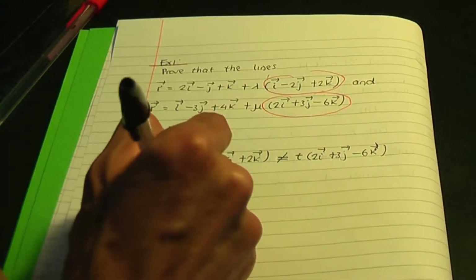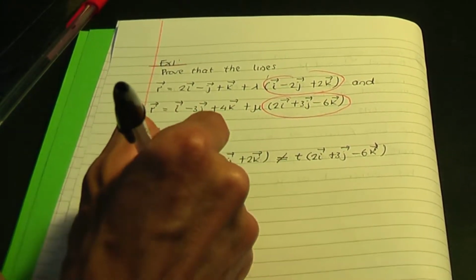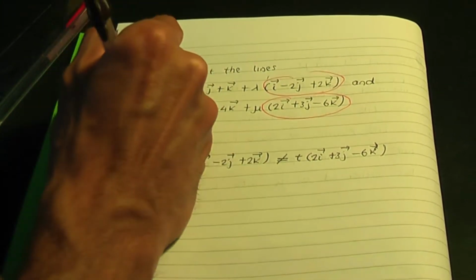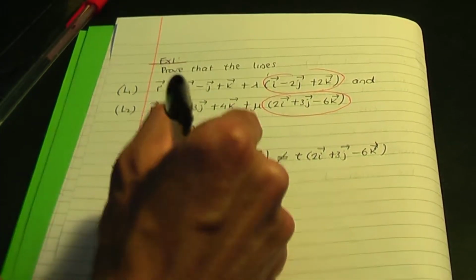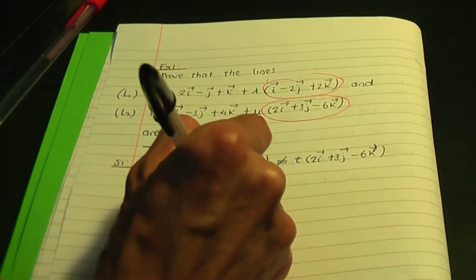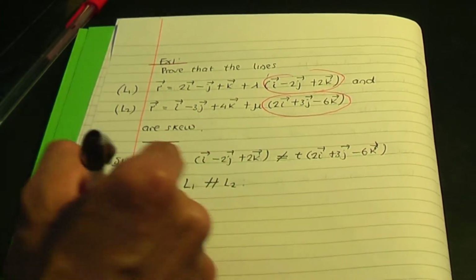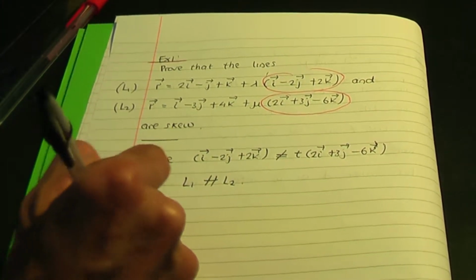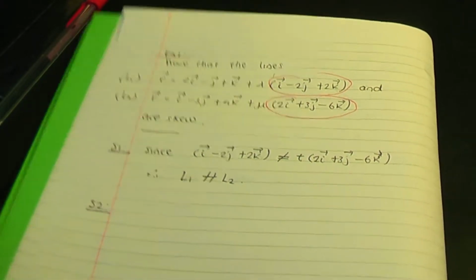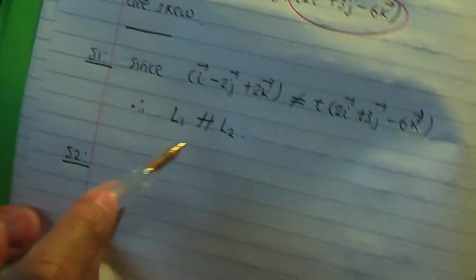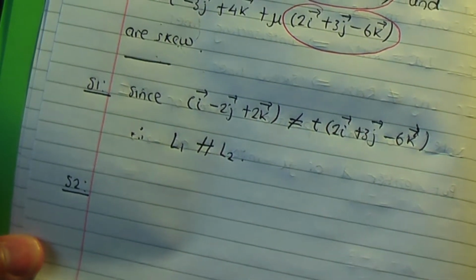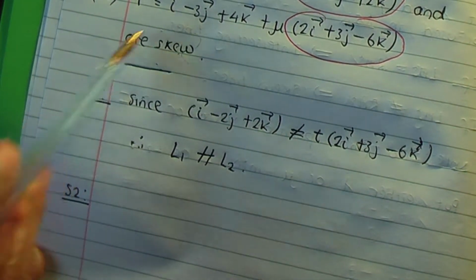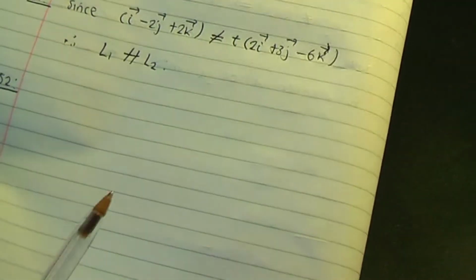So if I call one of the lines L1, the other line L2, that implies that L1 is not parallel to L2. So we've proved that these lines are not parallel, which is one of the requirements of skew. Skew means not parallel but not intersecting. So let's prove that they're not intersecting.